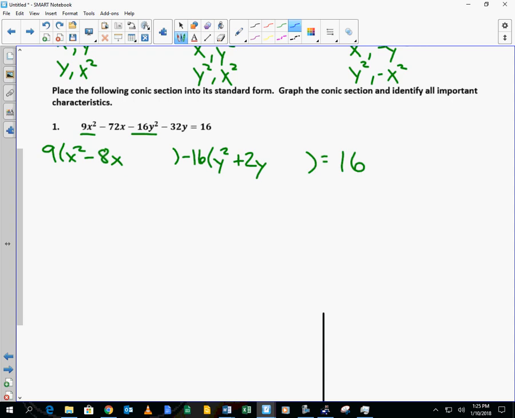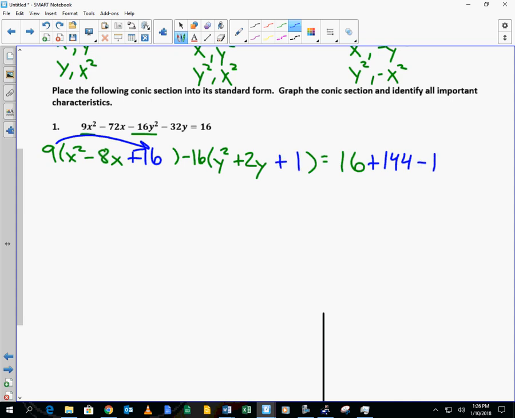What do we add to complete the square? Hey, I didn't just add 16. I added 16 times 9, which is 144. Sorry, you did 9 times 16. That's good. What do I add to complete the square here?